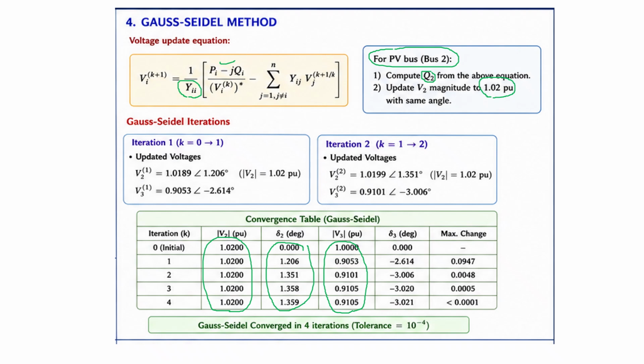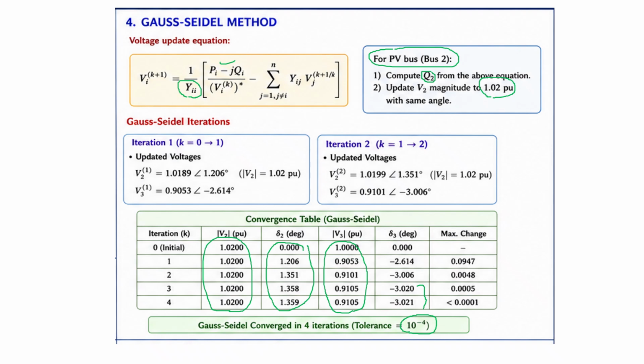By considering that, we will stop the iteration when the magnitude of the variation between each step is less than the tolerance value. So, for example, here we consider all parameters like this. What we are varying is the angle for bus 2, voltage 3 magnitude, angle for voltage 3, like that.